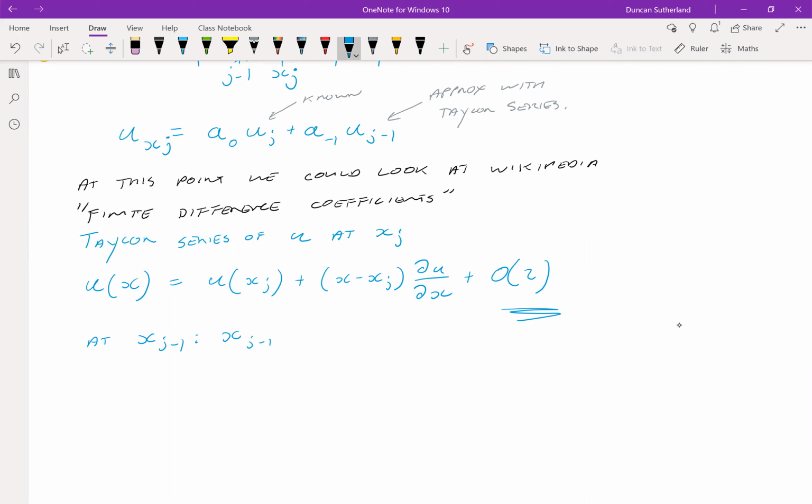Xj minus 1 minus xj equals minus delta x. Right. We go one spatial step backwards.